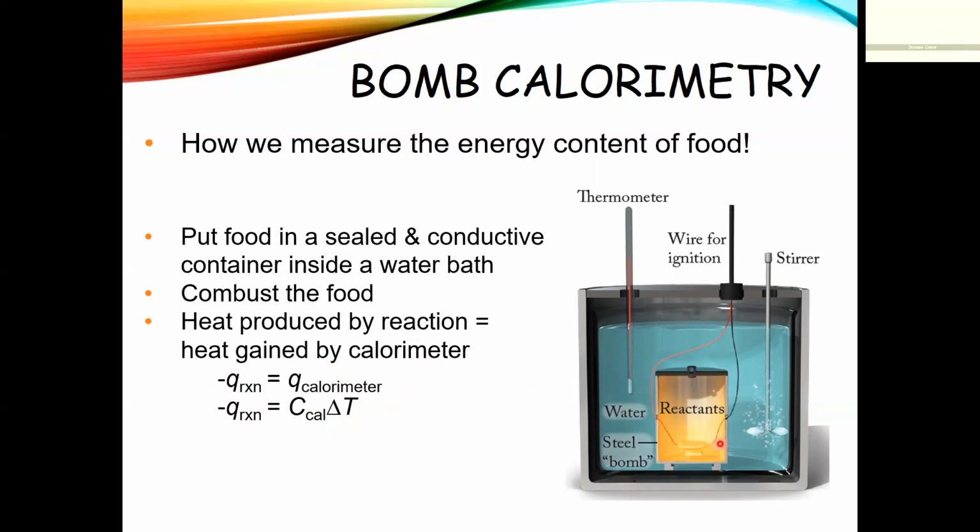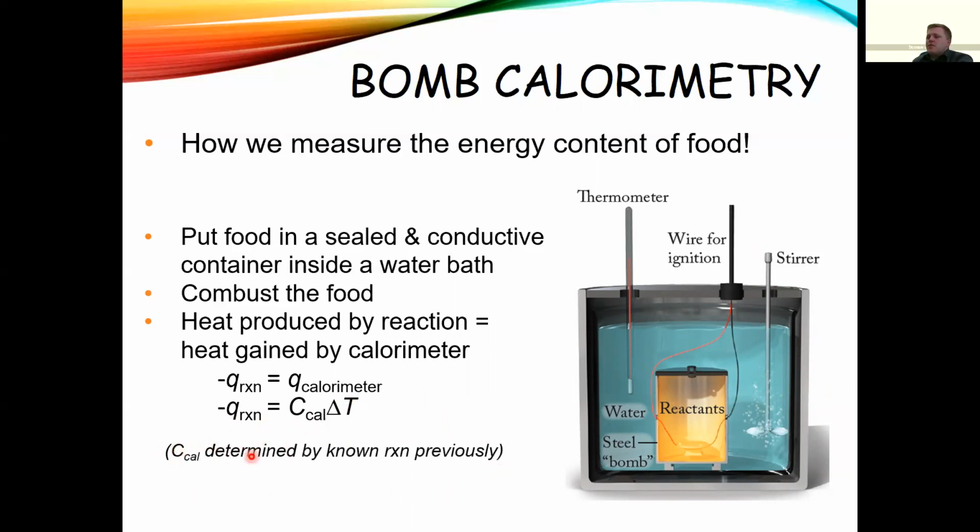Usually what we will do is find the actual heat capacity for the entire calorimeter. That way we don't have to worry about measuring out the volume of water very specifically, and we don't have to worry about a few other things by doing it that way. And then we just run our calculations.